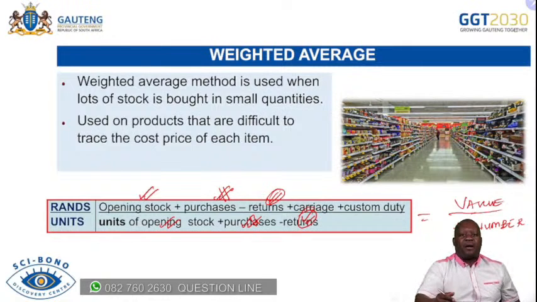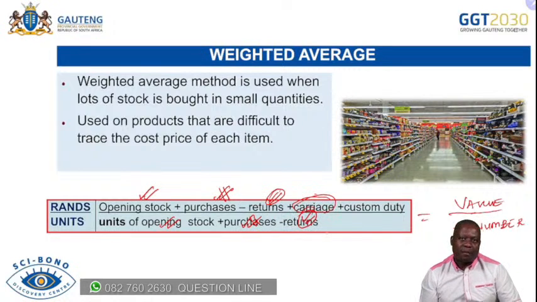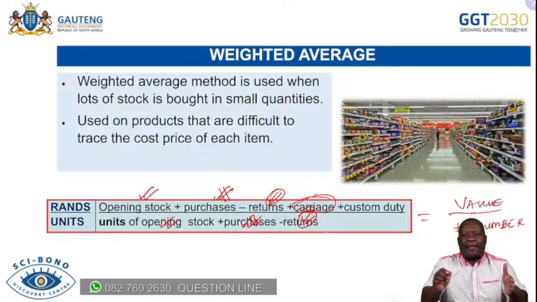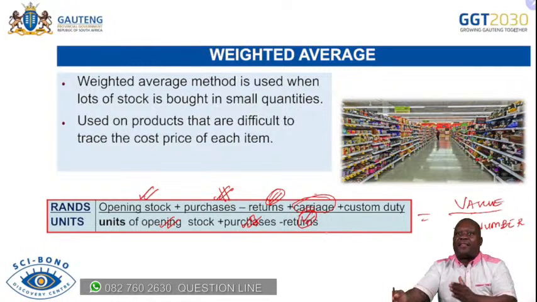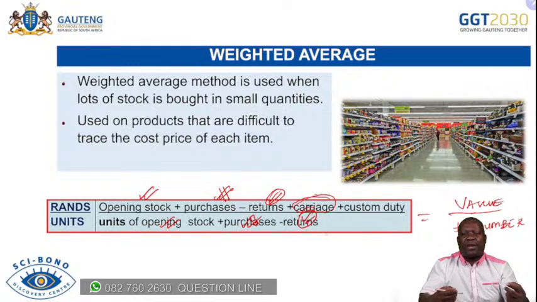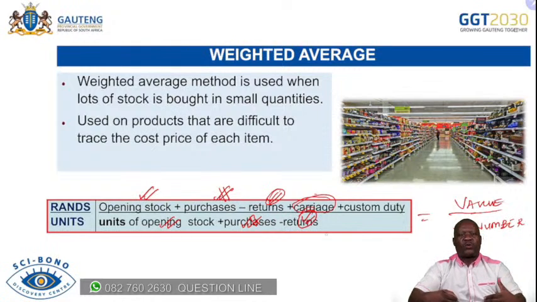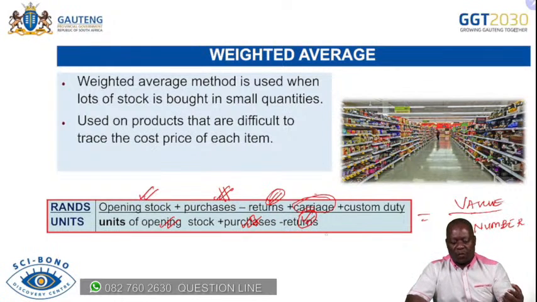But remember, we also need to add the value of carriage. When you add the value of carriage, it is not going to affect the number, because if you are ordering 1,000 units and you carry them, it doesn't mean they are going to be 1,010. So carriage only affects the upper part, which is the value, and not the bottom part, which is the number of units.